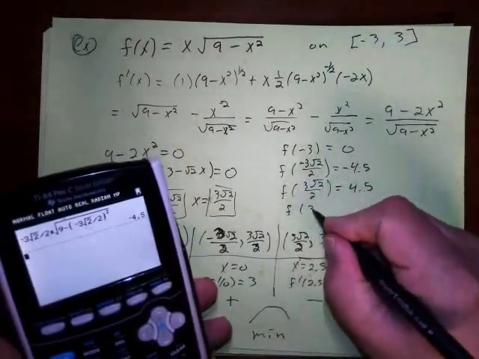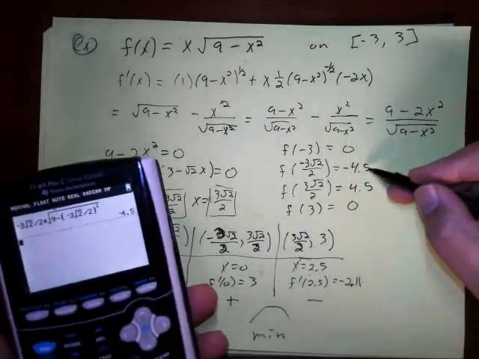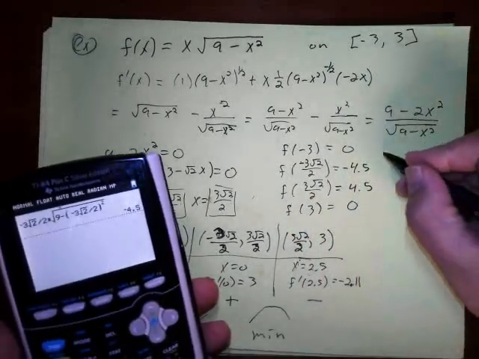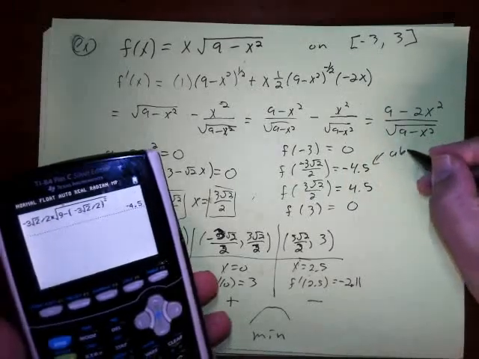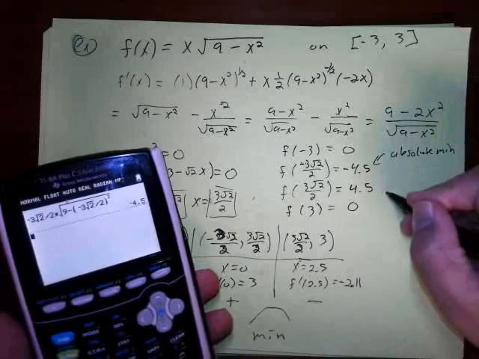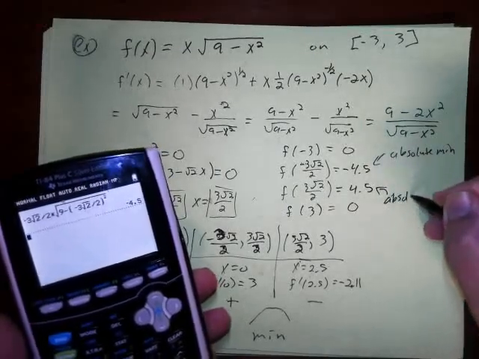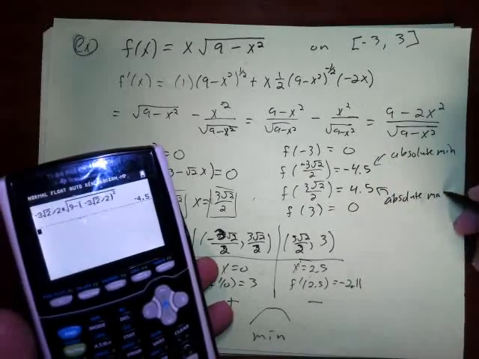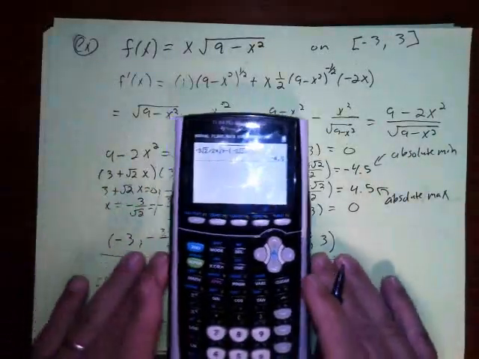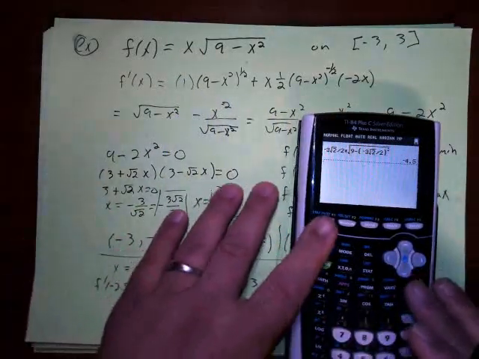And then f at 3 is going to be 0 again. So it looks like this is the absolute min, and this is the absolute max. They're the relative min and max and the absolute min and max. And so we figured all that out without graphing it or anything.